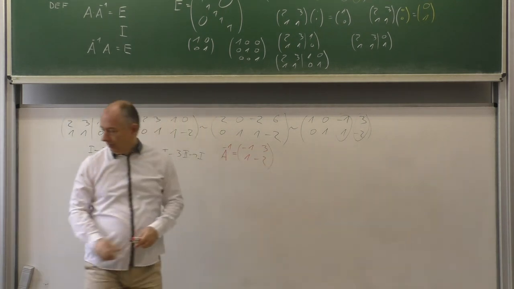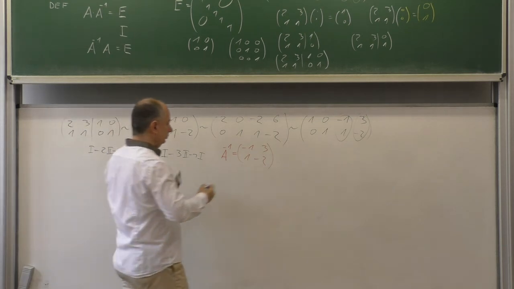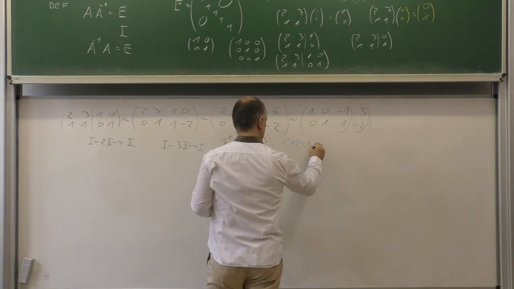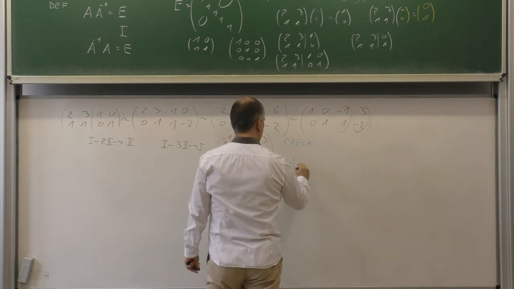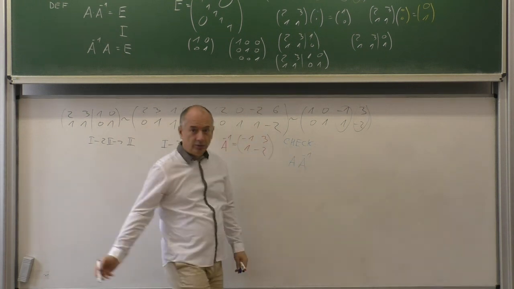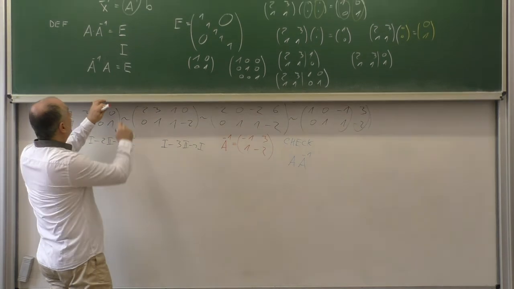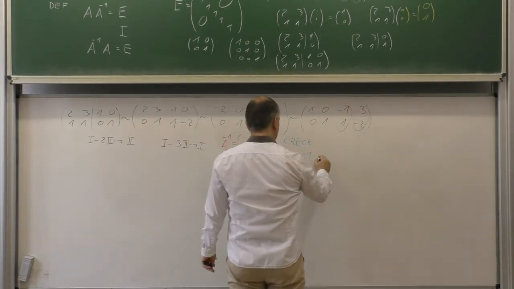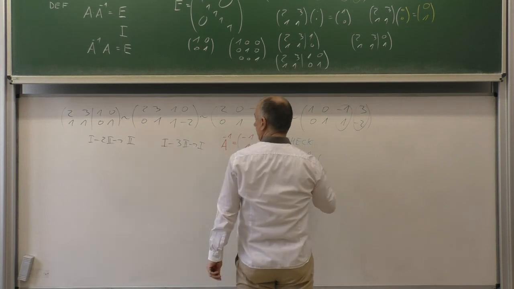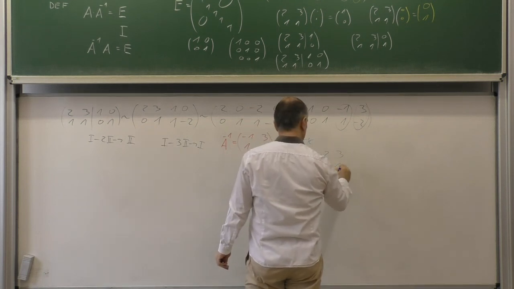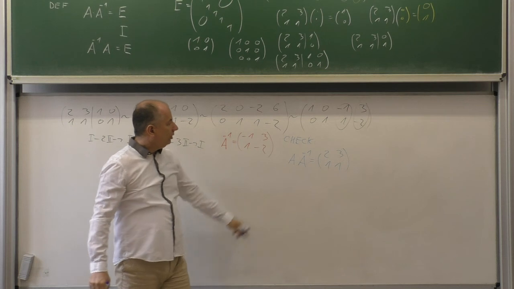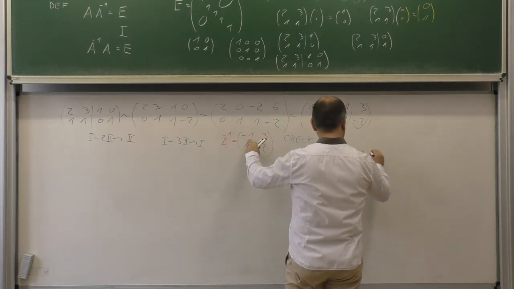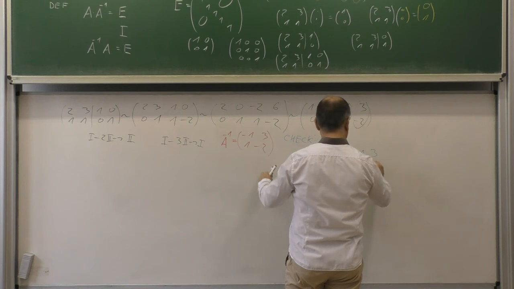We can check this when we multiply A with what we believe to be the inverse, hopefully to get the identity matrix. Okay, let's do this. So the matrix is 2, 3, 1, 1. And we multiply by this matrix, -1, 3, 1, -2.